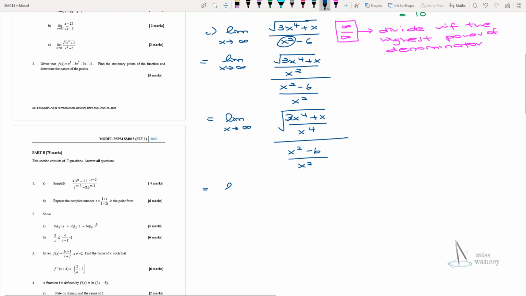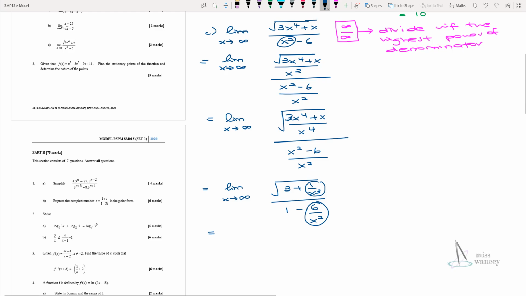Okay, so this is actually the limit as x approaches infinity of the square root of 3 plus 1 over x cubed over 1 minus 6 over x squared. So substitute with x equal to infinity. So 1 over infinity is 0. 6 over infinity, that is also 0.